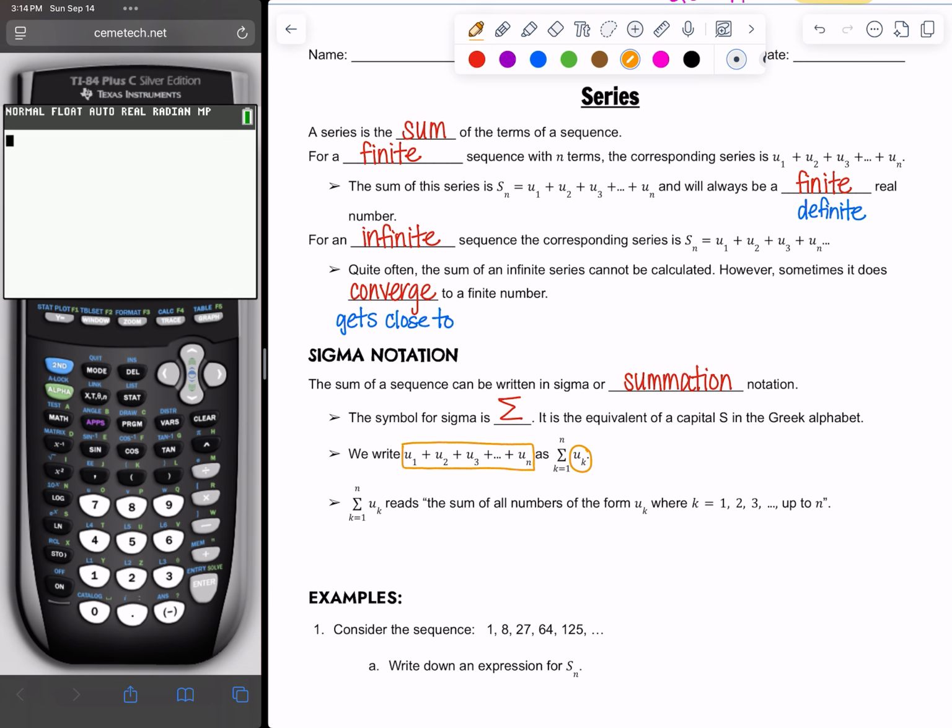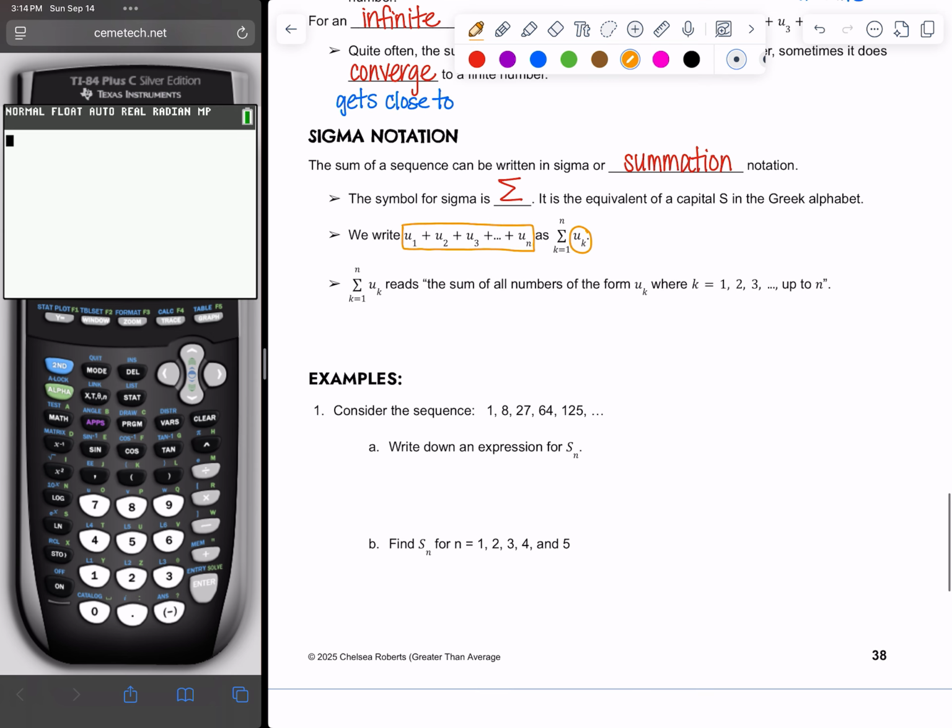So when we read it, we know that the sum of u sub k, as we go from k equal to 1 to the last value n, reads the sum of all numbers in the form u sub k, where k is equal to 1, 2, 3, going all the way up until whatever number n is.